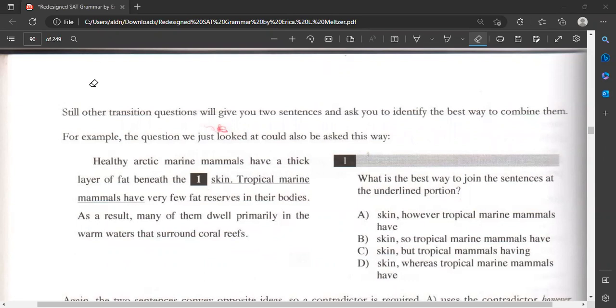Okay, we have a C, we have a B. Anyone else? Okay, so we have two C's and one B.